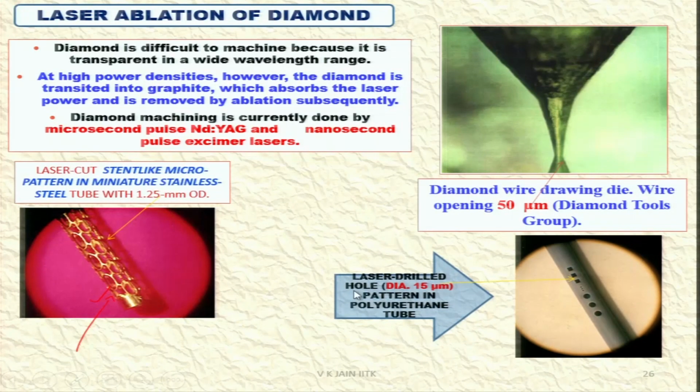Then laser drilled holes, non-circular holes, diameter around 15 micrometer, patterned in polyurethane tube. This is the polyurethane tube. Circular holes are also there, and square holes are also there, and much smaller holes are also here, as you can see over here.